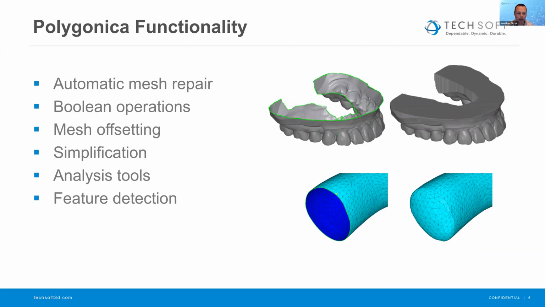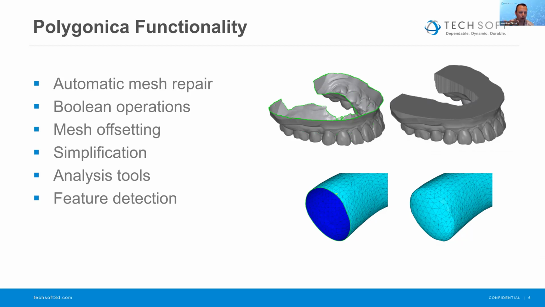And that's one of the places in which Polygonica really excels, being able to fix holes, fill holes, similar to here, but also fix other issues that exist in the mesh. And there's a number of those. We'll be talking about them a little bit later. But that's the first step, and what I find quite useful about this toolkit is it just works.